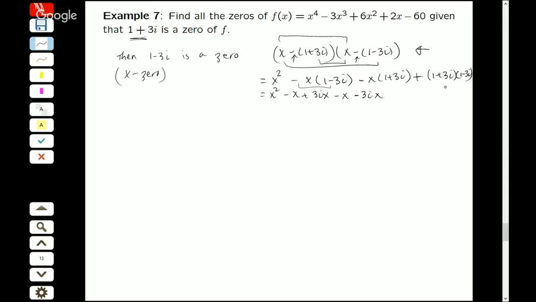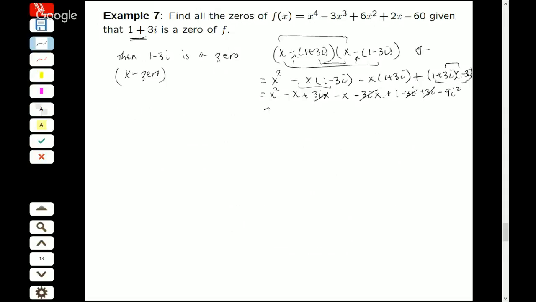Okay, so now we have to FOIL the last one. You're going to have 1 times 1 is what? And then the outside, minus 3i, the inside, plus 3i, and then the last, minus 9i squared. Okay, now notice things cancel. 3ix and minus 3ix. That's good. Minus 3i plus 3i.